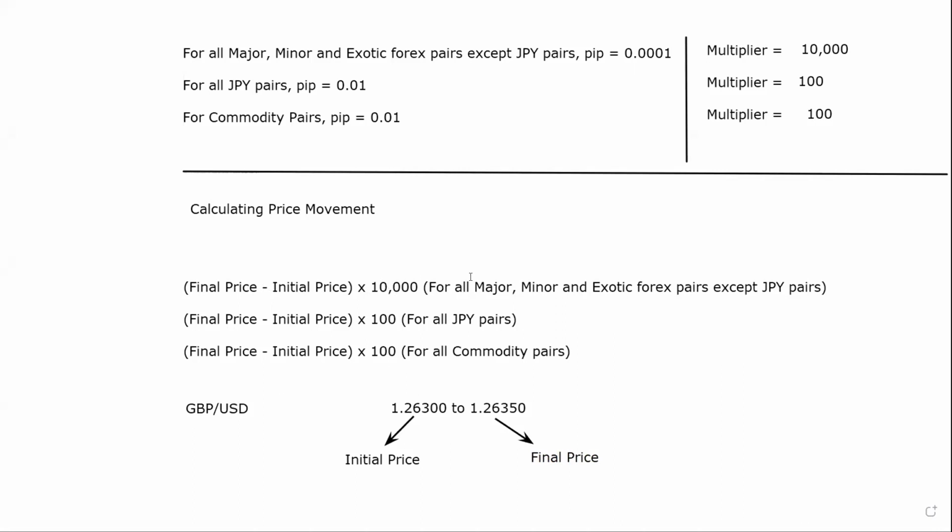this is GBP USD. This is for all major, minor, and exotic forex pairs except JPY pairs. So GBP USD lies in this category. So we're going to use this formula now. Very easy.